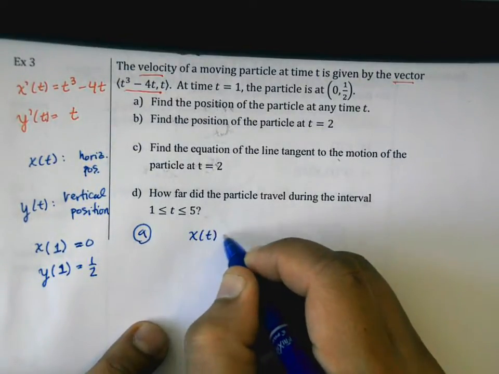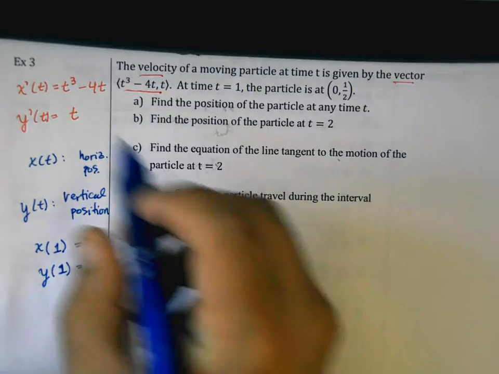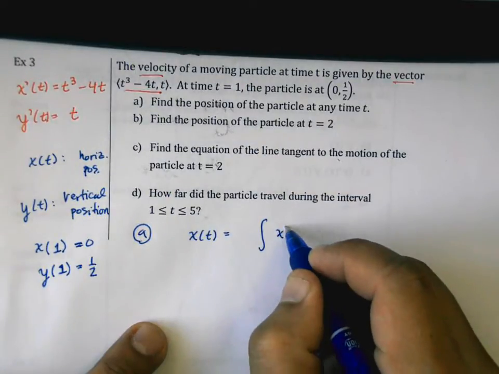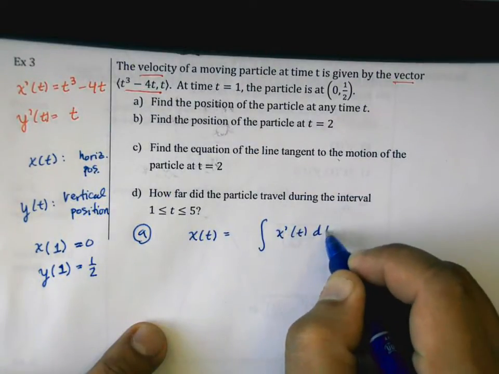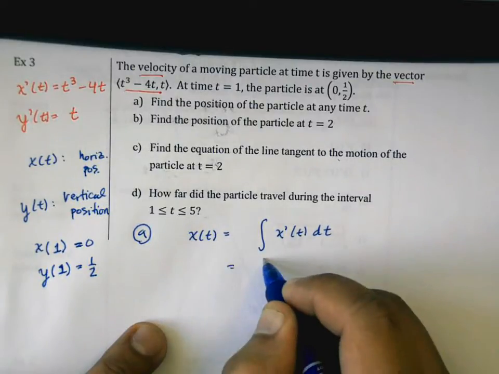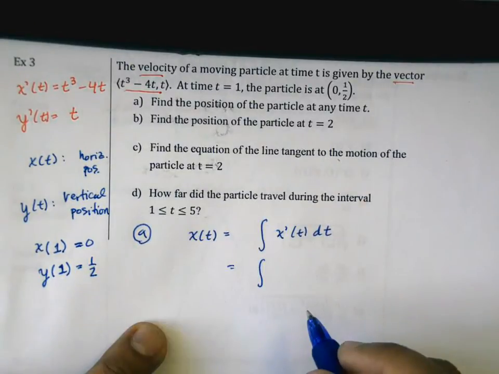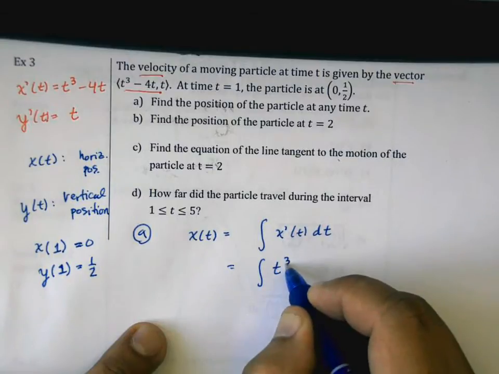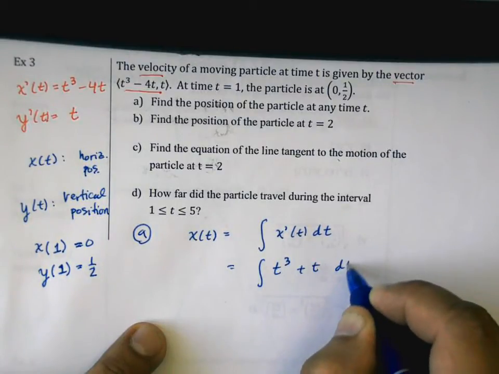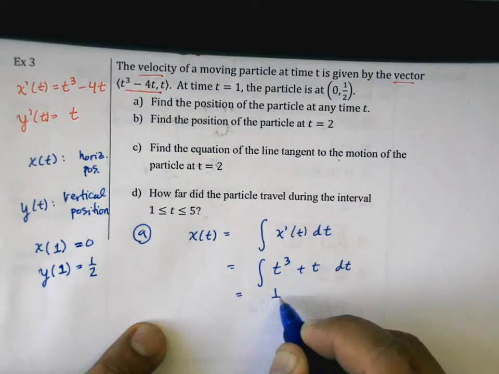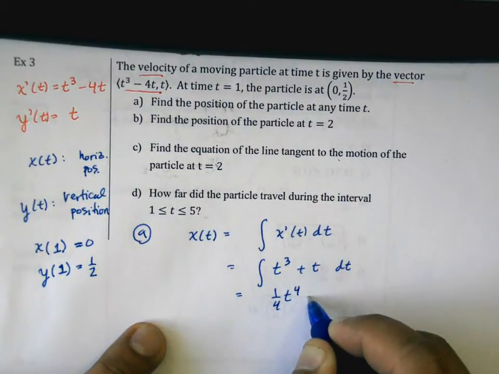So I know that x of t must be the antiderivative of x prime with respect to t. So this is the antiderivative of t cubed minus 4t dt, which is 1/4 t to the 4th.